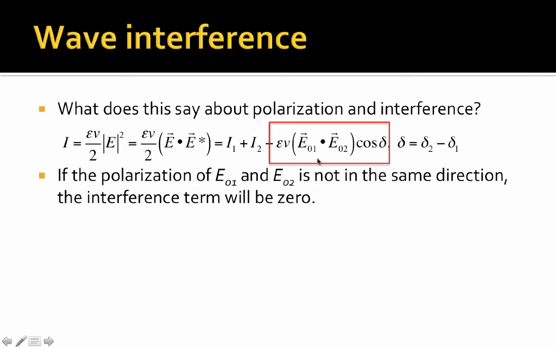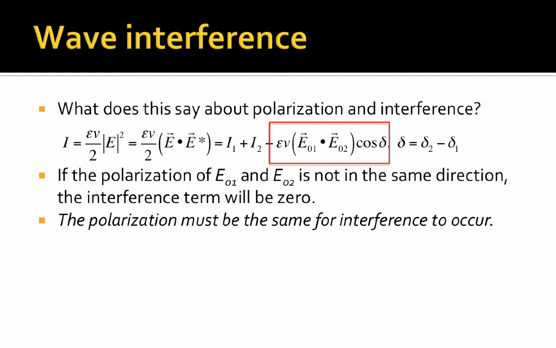In other words, if there are no electric fields in the same direction, the interference term will be 0. So that means that we must have the same polarization in our two arms in order for interference to occur. That's why we use a laser that's polarized. It gives us the best interference, the best magnitude of the interference.